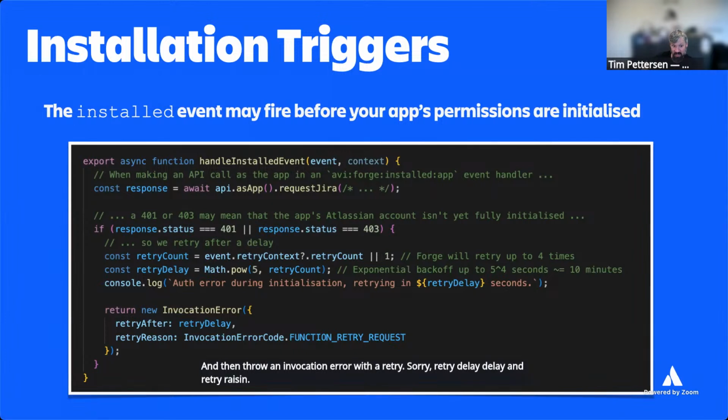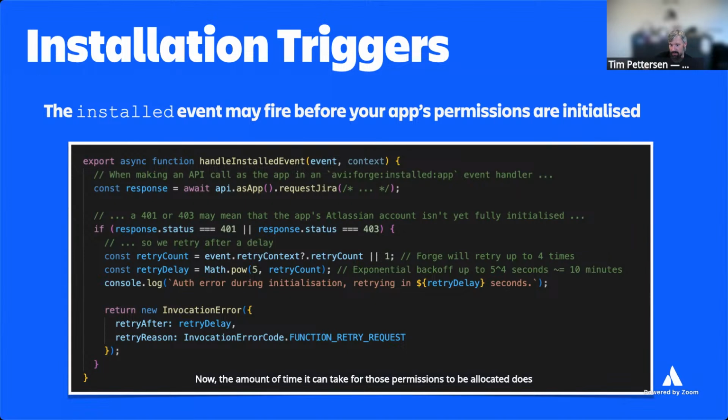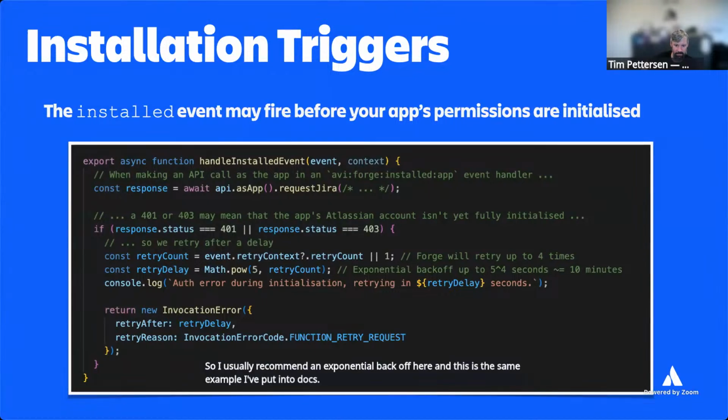Now, the amount of time it can take for those permissions to be allocated does vary based on the size of the site. So I usually recommend an exponential backoff here, and this is the same example I've put in the docs, just to keep backing off until those permissions are available.